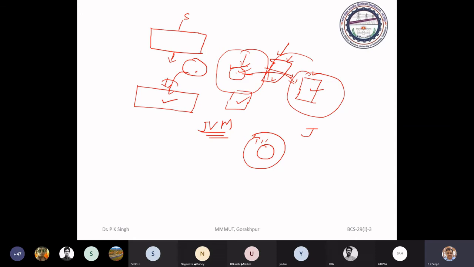The Java compiler just does the analysis of the source program and generates a syntactic structure using a sequence of byte code.